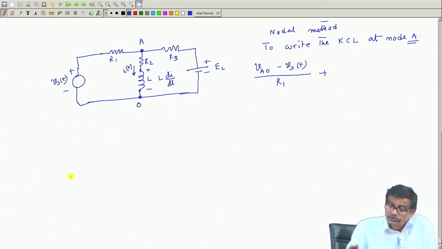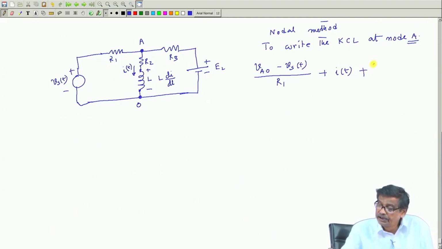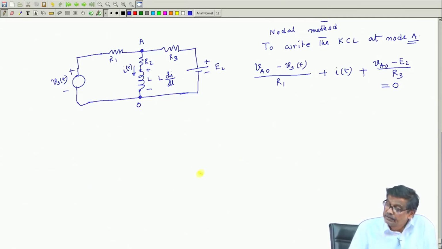So, this plus this current IT, and plus here, no problem, (VAO minus E2) by R3, and this must vanish at all times. So, this is the equation.